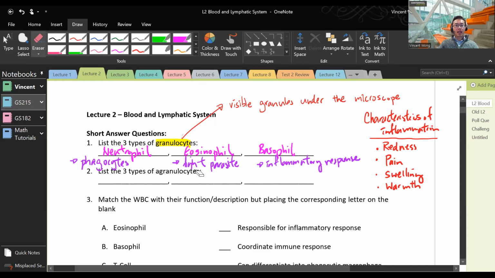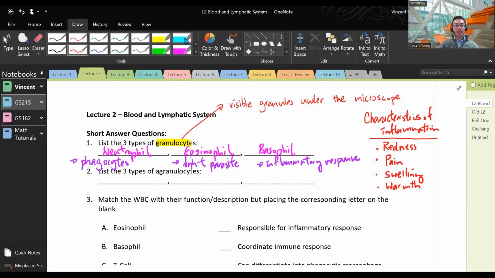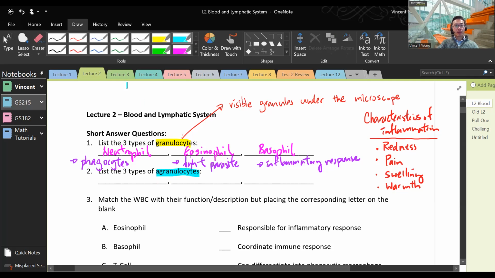What about agranulocytes? What's the difference between granulocytes and agranulocytes? Well, agranulocytes also have granules, but they don't really soak up the stain when you stain the slide, so you can't really see them.